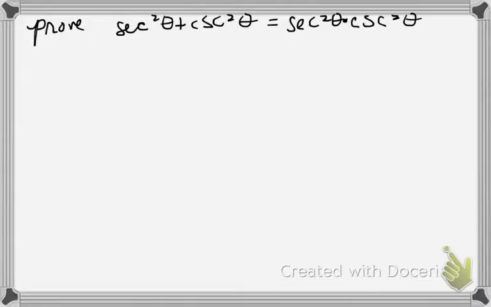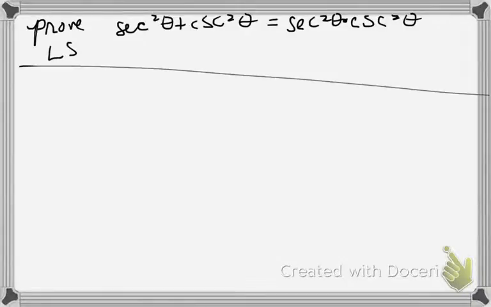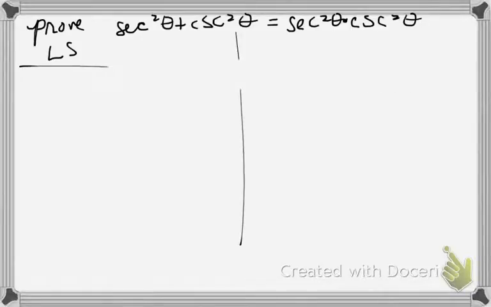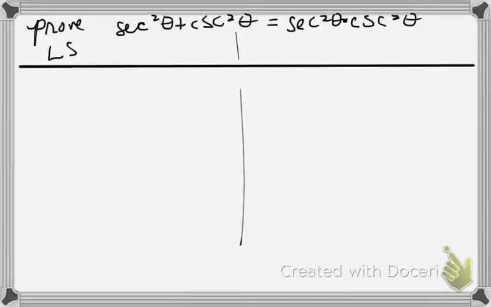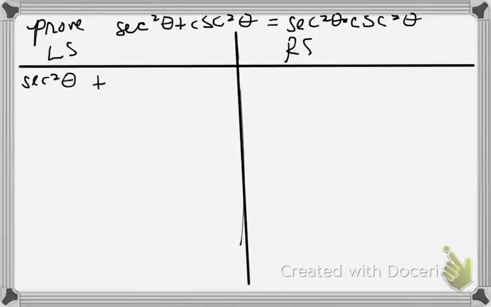Okay, here's our next example. Prove that secant squared theta plus cosecant squared theta is equal to secant squared theta times cosecant squared theta. Okay, so let's set up our proof again. Left side and right side. So I'm just going to recopy my left side, secant squared theta plus cosecant squared theta.